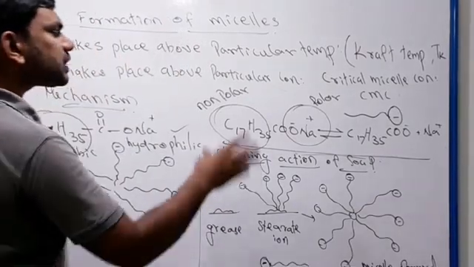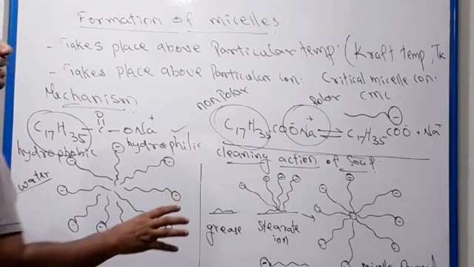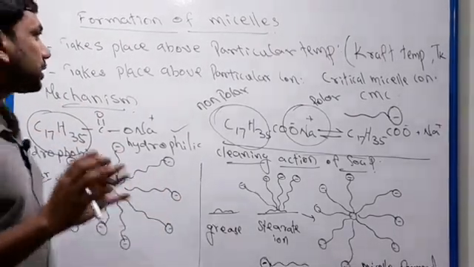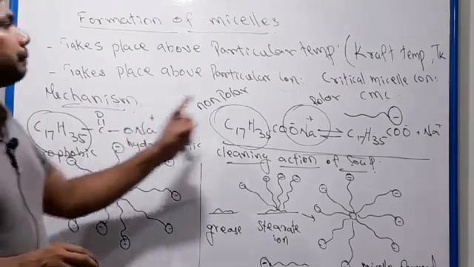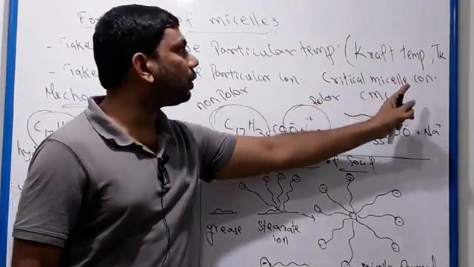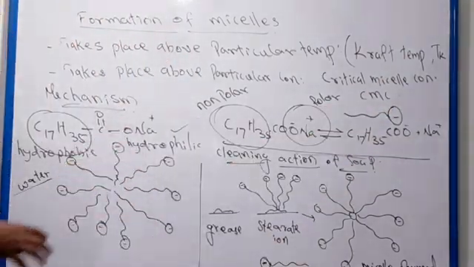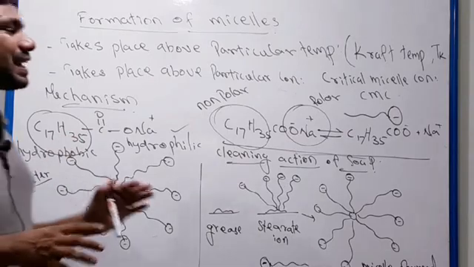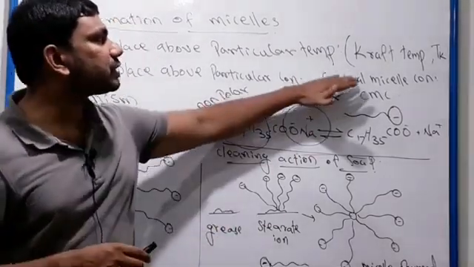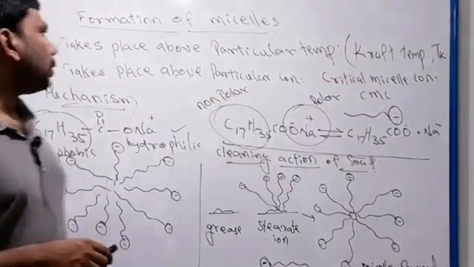The formation of micelle takes place at a particular temperature. This particular temperature is called the Kraft temperature, or you can say TK. So what is the Kraft temperature? The formation of micelle takes place at a particular temperature, and this temperature is called the Kraft temperature, which we represent as TK.